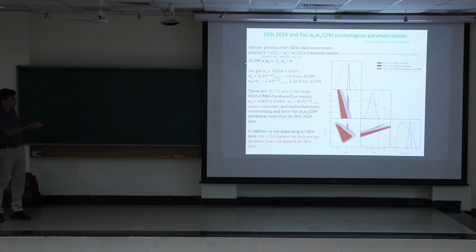So what they use is an equation of state parameterization of this form: w0 plus wA times redshift divided by 1 plus redshift. You can see at redshift equal to 0, this term goes away, and you get an XCDM model where x is w0.